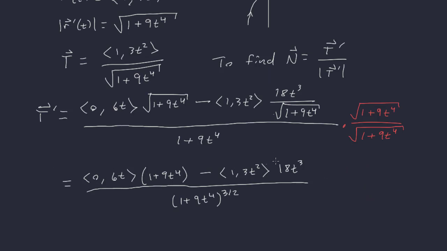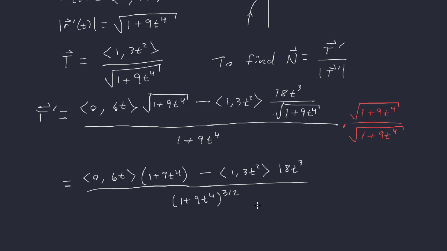Okay, and when we do that, we'll get the vector 0, 6t times 1 plus 9t to the fourth minus 1 comma 3t squared times 18t cubed. Whew. Okay, and then the denominator is going to become 1 plus 9t to the fourth, all to the 3/2, because we have this to the 1 and this to the 1/2. When we multiply those together, it's 1 plus 1/2, and we get this.